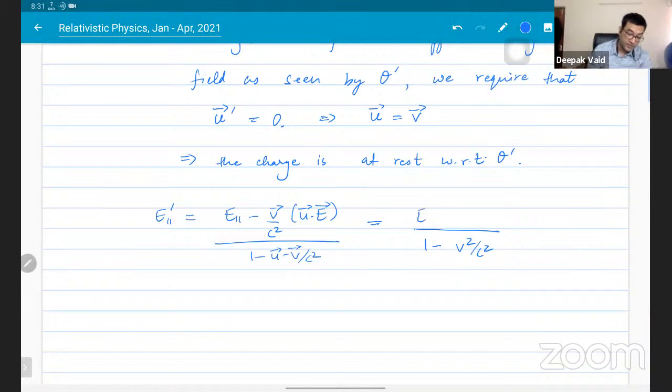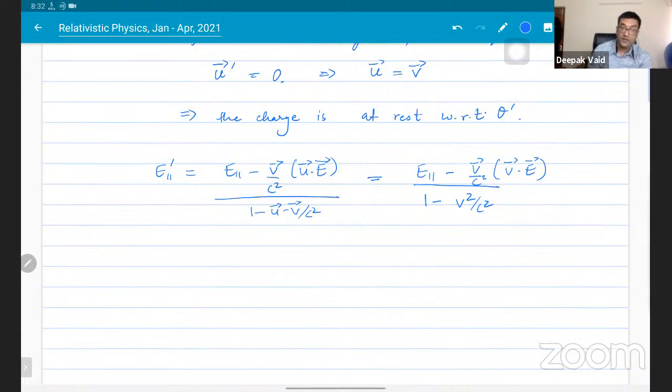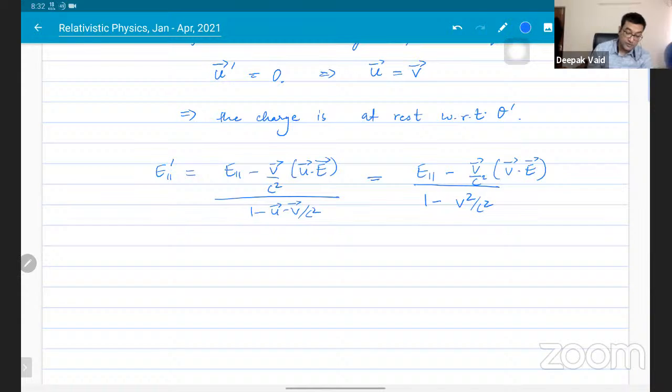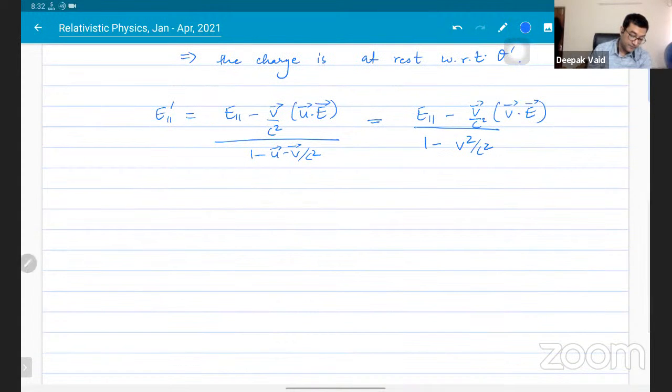In the numerator, we get E parallel, minus v by c square times v dot E. Okay. So in this expression, we have V dot E, right? Now, what is V dot E? Let me again draw the diagram. This is the frame of reference.